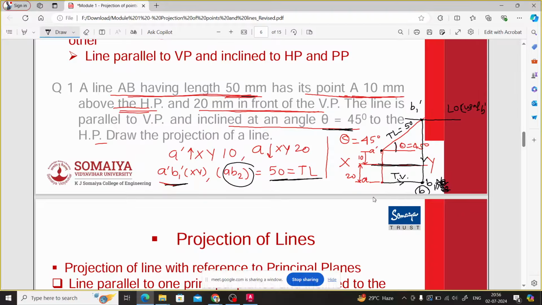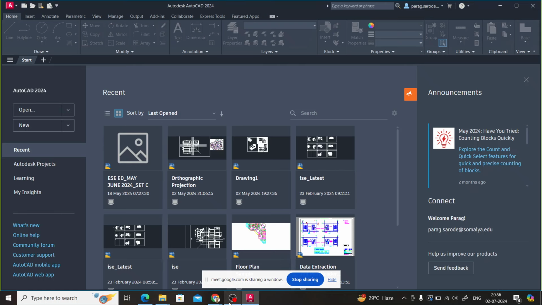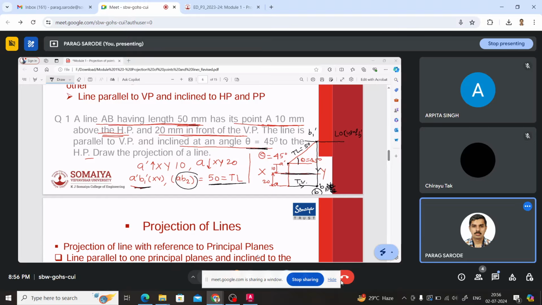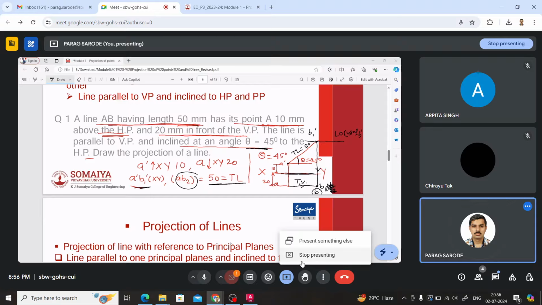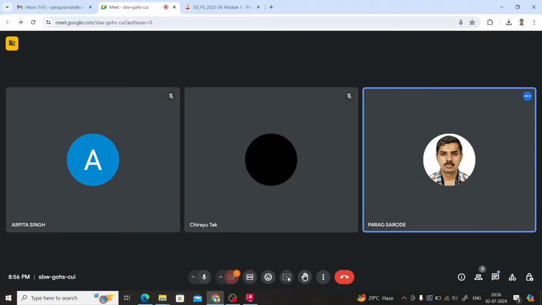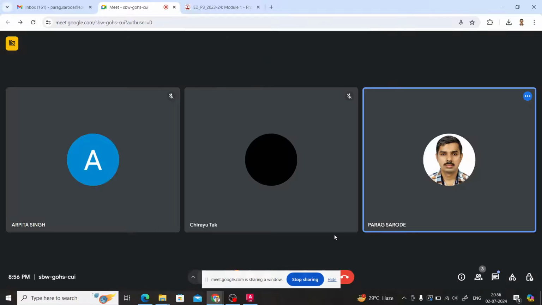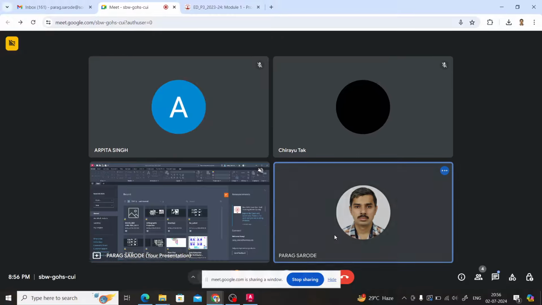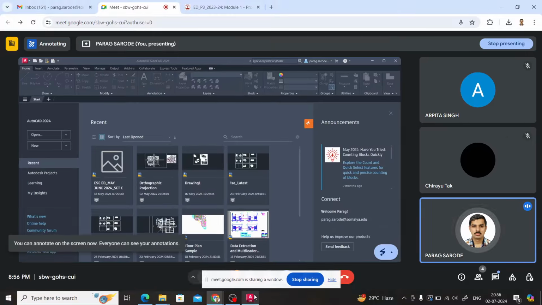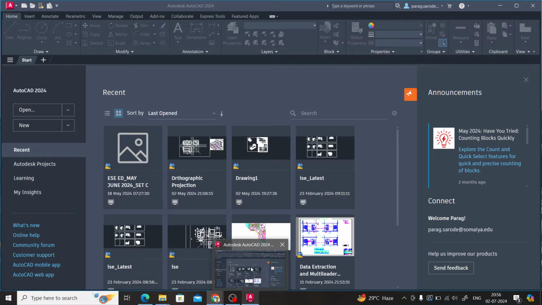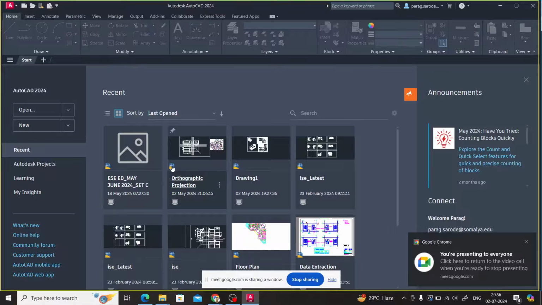Now let us shift to AutoCAD. Are you able to see this AutoCAD? This is the typical screen that will come, and always you should take the template.